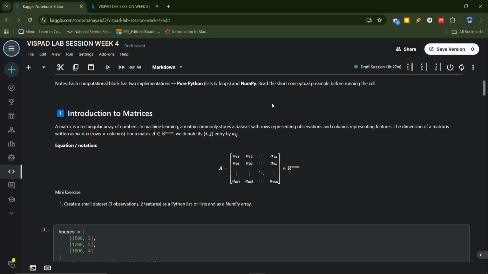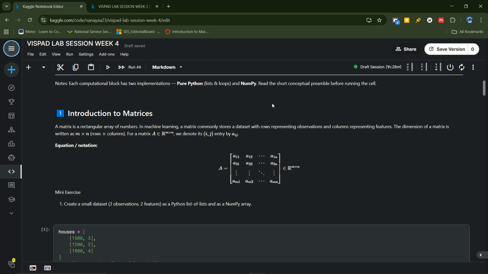So, an introduction to matrices. You remember during last week's lecture, it was said a matrix is a rectangular array of numbers. In machine learning, a matrix commonly stores a data set, with rows representing observations and columns representing features.